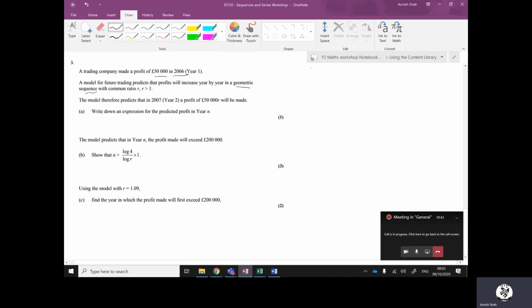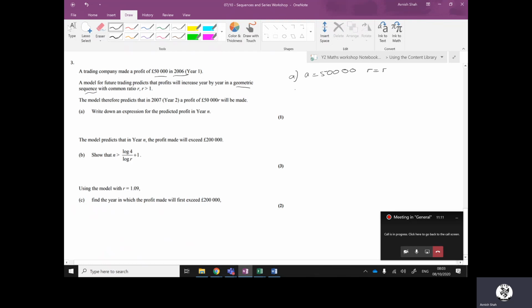Straight away, you know R, it's going to be an equation of R. So the model therefore predicts that in 2007, year 2, a profit of 50,000 times R will be made. Okay? So write down an expression for the predicted profit in year N.